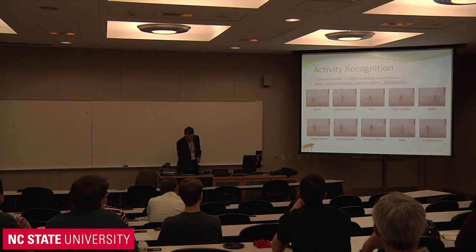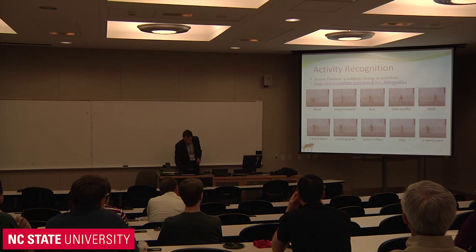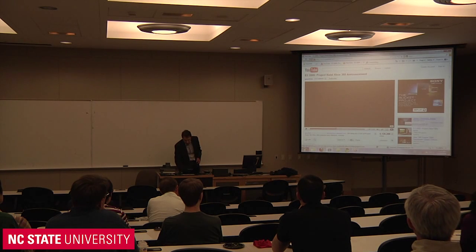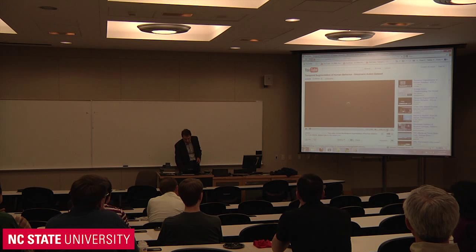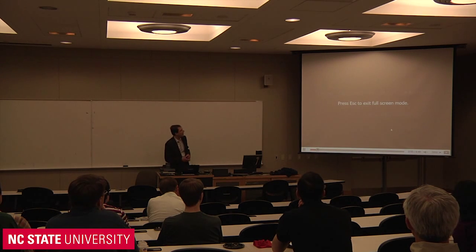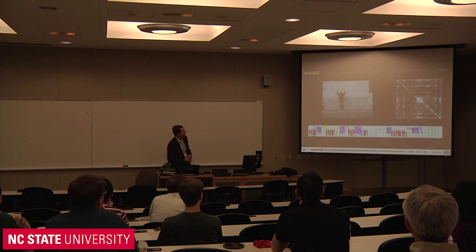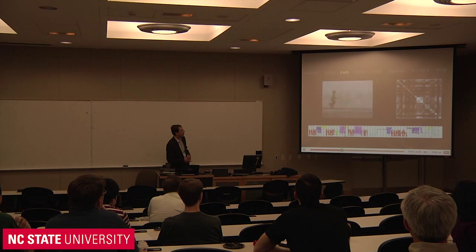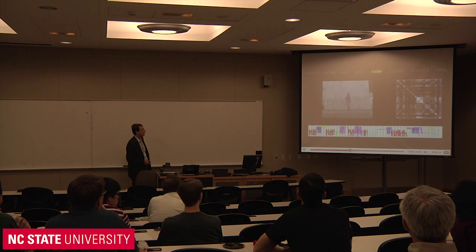Now I want to give you a little bit of a sampling on how these activities actually look. So you can tell for yourselves what they are. So you can see the two-hand wave there, jumping jacks. That one is the skipping, which is kind of the shuffling, which is kind of hard to detect.